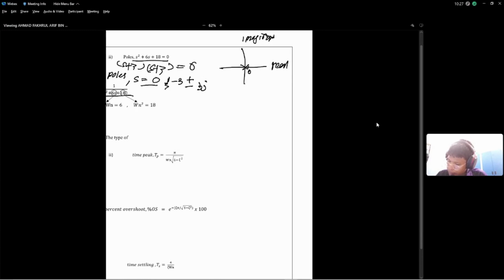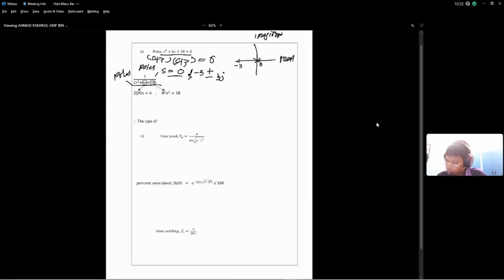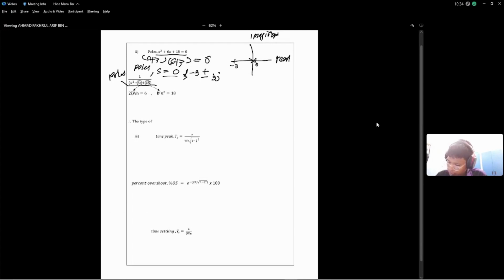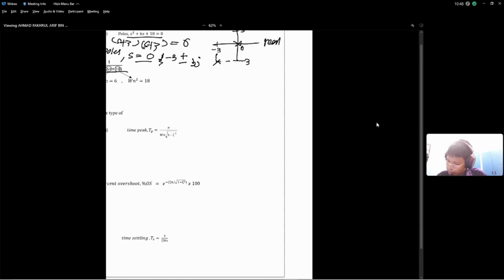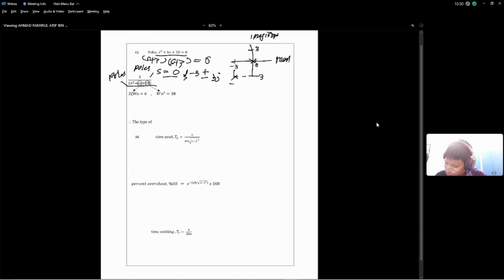So this one is negative 3, and this one is negative 3j, and this one is positive 3j. Okay, that's how we plot the poles.